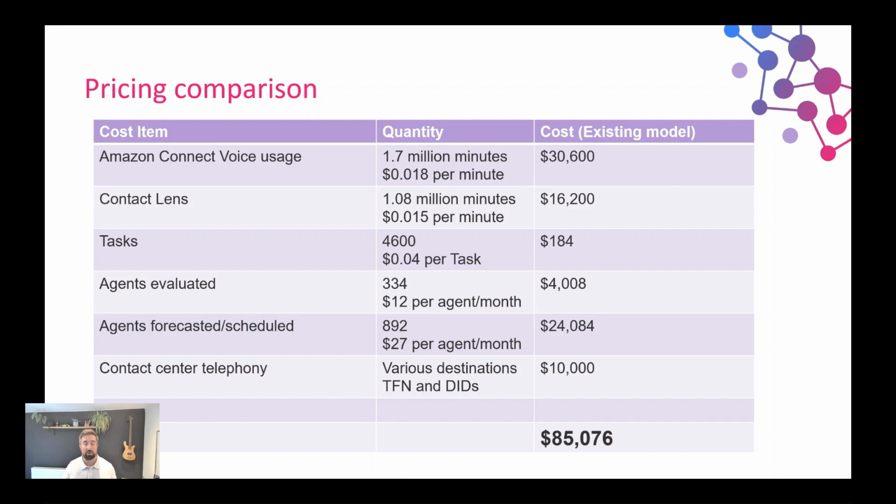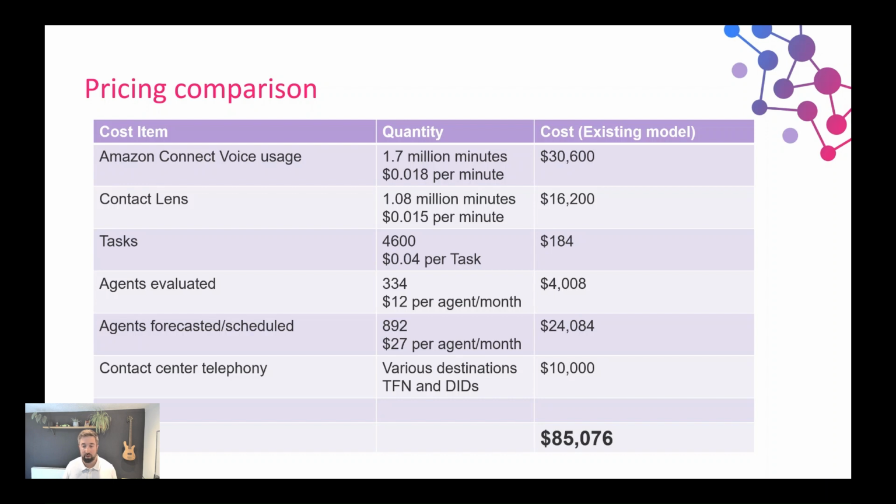Then finally, just over $10,000 on contact center telephony, including outbound usage to various destinations, number rental for a couple of hundred phone numbers, including DIDs and toll-free numbers. And that gives us a grand total last month of just a touch over $85,000.